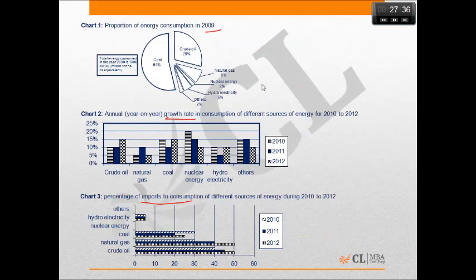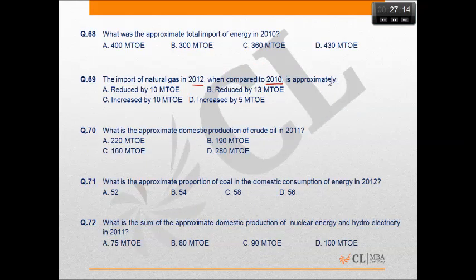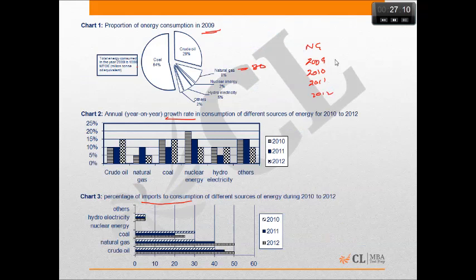So what is the import of natural gas in 2012? Natural gas is 8% of 1000, so natural gas is 80. And which is this area? 2009. So natural gas in 2009 is 80, then 2010, 2011, 2012. What is the increase in natural gas?